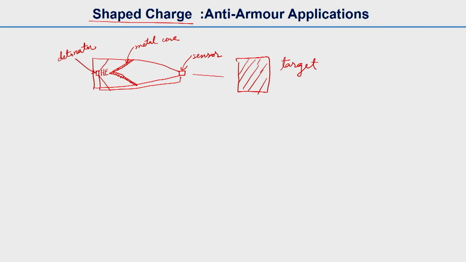So when this missile hits the target, the sensor will send signals to the detonator, and the detonator will explode the explosives in there, and then this metal cone will take a shape something like this.